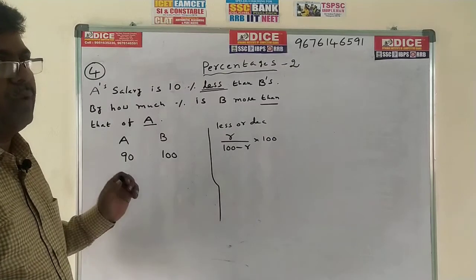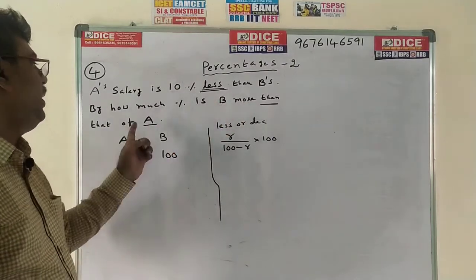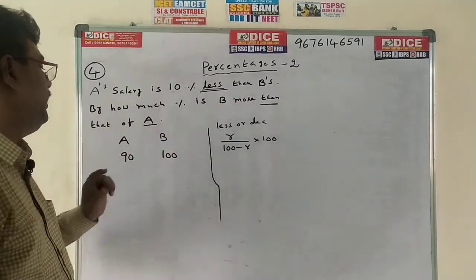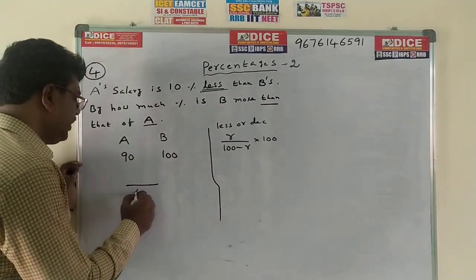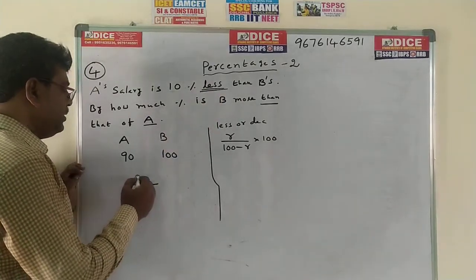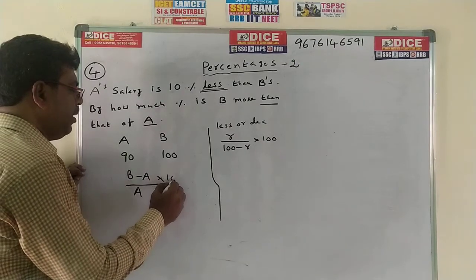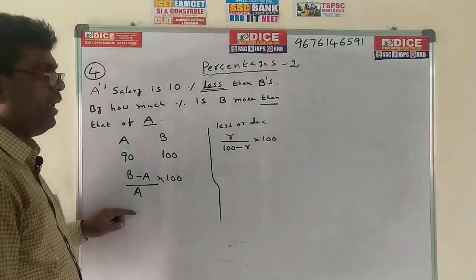Now already I told you the Note 3 formula. Whenever it is less than or more than, followed by A, the denominator is A. Whenever less or more is there, the formula is (B minus A) by A into 100.